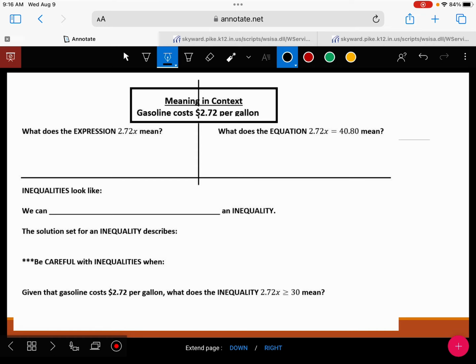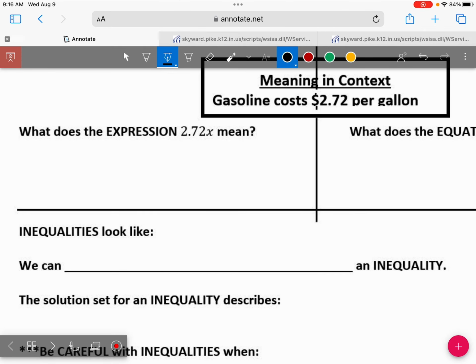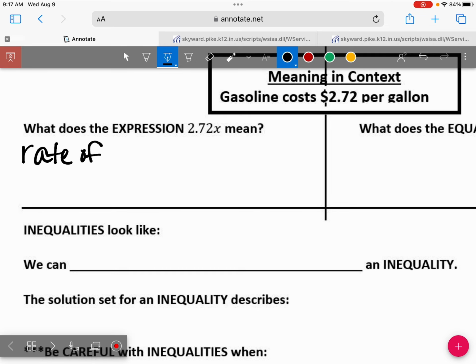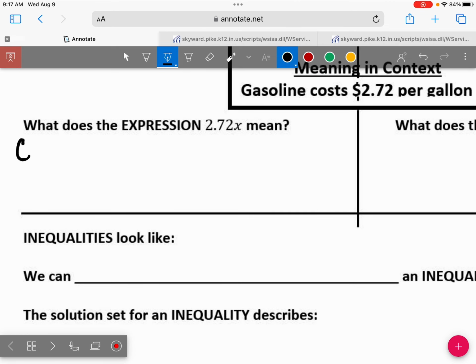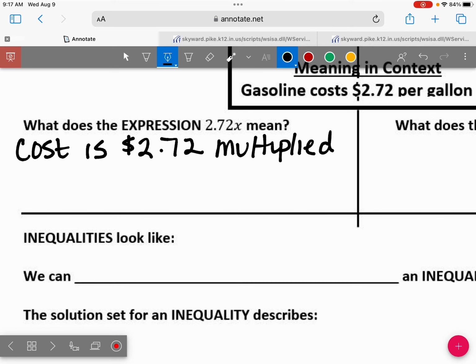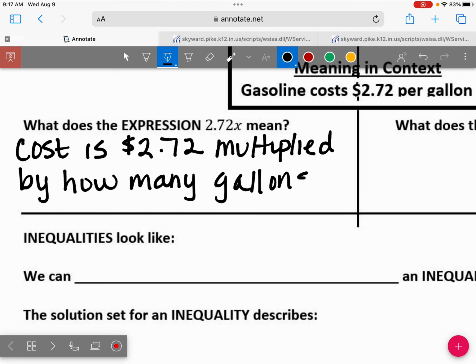So what that means is the cost, let's say cost, not rate, the cost is $2.72 multiplied by how many gallons? Notice that when it's an expression, we don't know how much we paid.